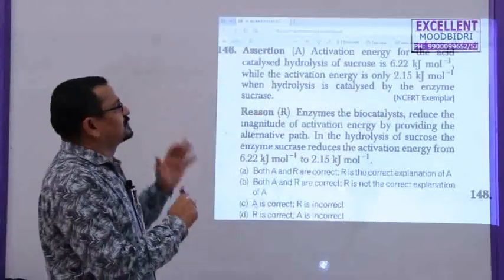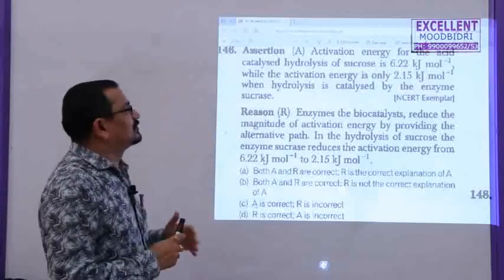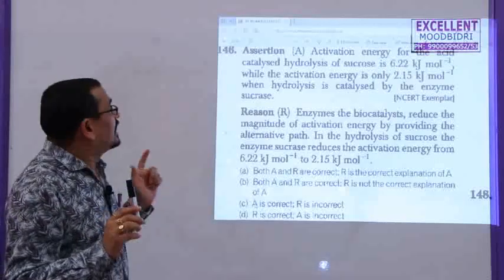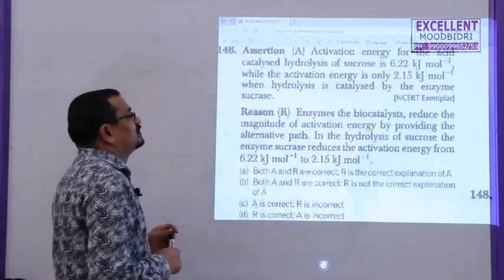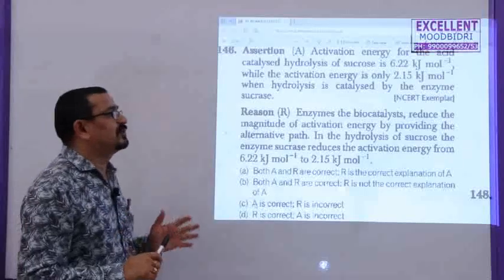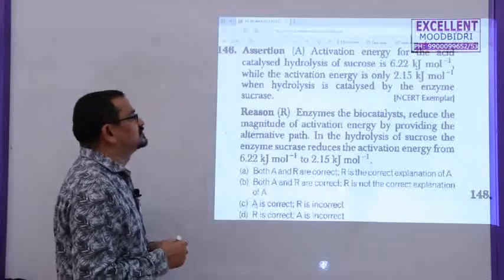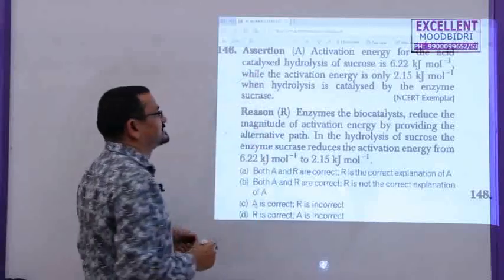When it comes to the question on enzymes, an assertion reason model is given. The activation energy for the acid catalyzed hydrolysis of sucrose is 6.22 kilojoules per mole, whereas the activation energy is only 2.15 kilojoules per mole when hydrolysis is carried out by the enzyme sucrase. This line is correct.